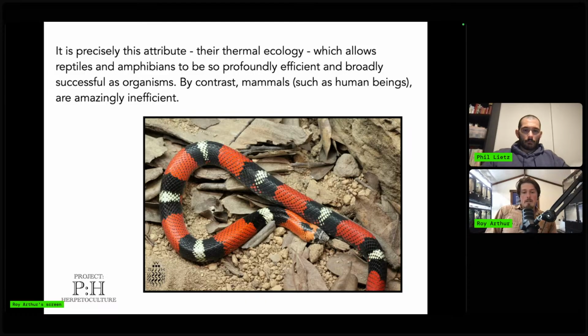In the case of mammals and human beings, roughly 98% of the calories we consume go to sustaining our internal body temperature, that homeostasis that I mentioned earlier, which only leaves about 2% of that remaining caloric energy available for growth and recovery and repair, all those other necessary body functions.